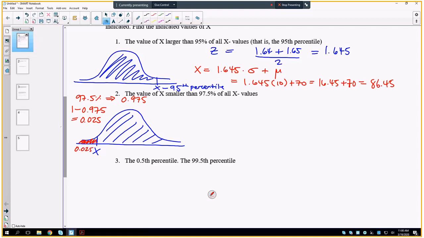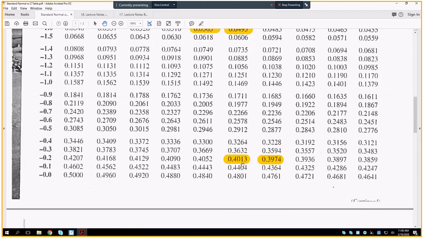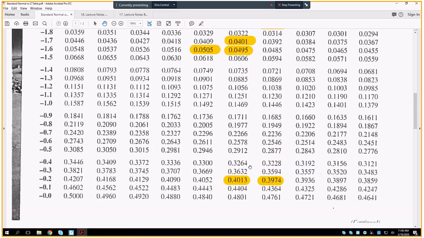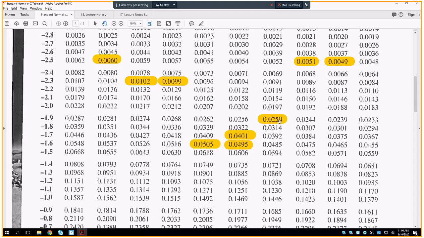And I know that my table gives me area on the left, so now I'm good to go. I'm going to look for that z-score. So going back to my table, I scroll back up because I know the smaller probabilities are higher up in the table. And fortunately, I have exactly 0.025 here in my table.